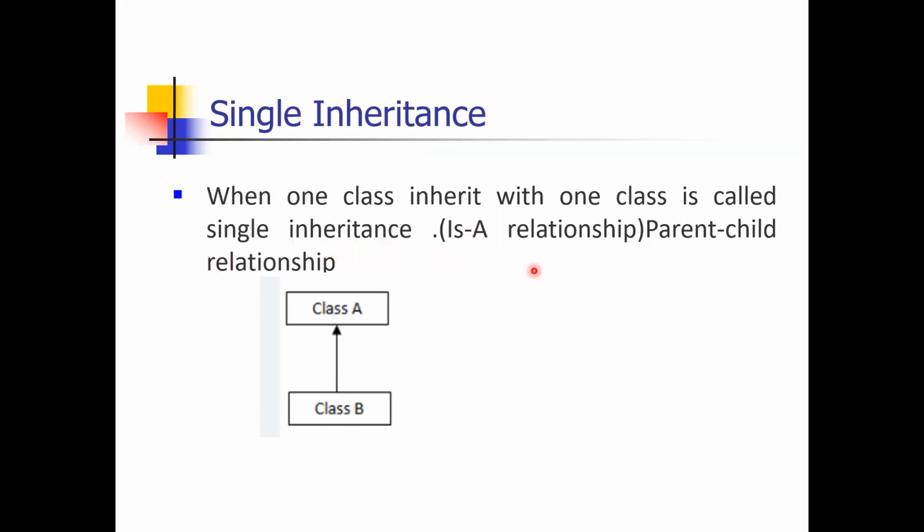It is a parent-child relationship, or we can say an is-a relationship. Class B has a relationship with class A. So class B is called the child and class A is called the parent.